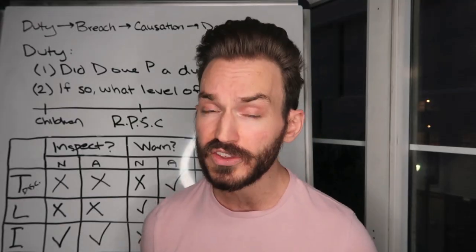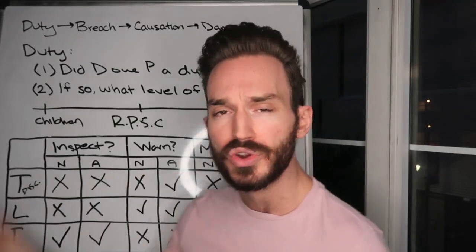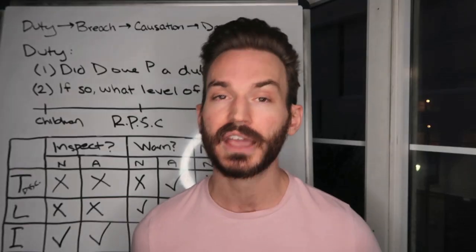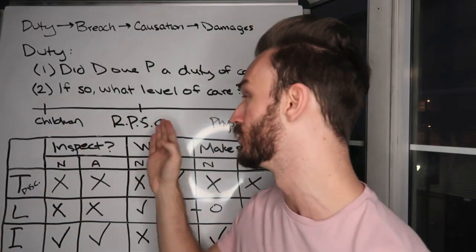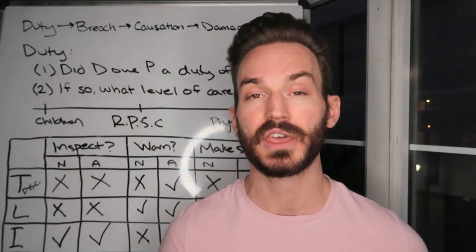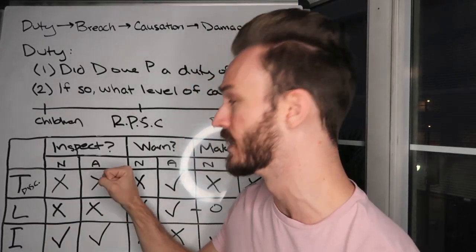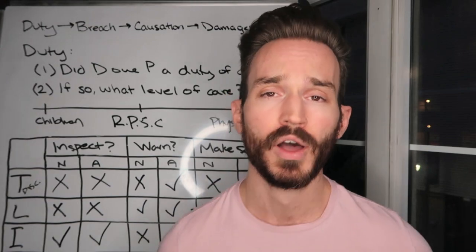What's considered reasonable for the different status of entrant and these different duties is all gonna change for what the reasonable person standard of care would be, but they just become factors, not anything conclusive. That's the modern approach. Traditional approach, you gotta stick to this chart and bang it out.